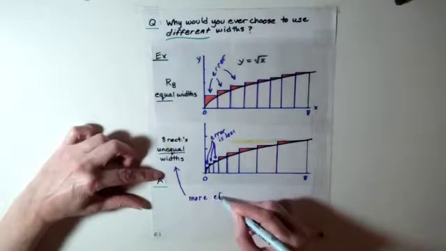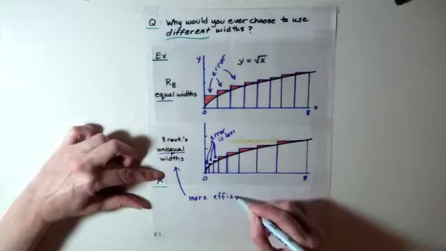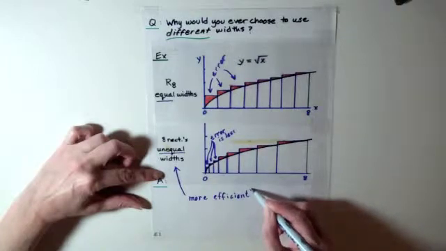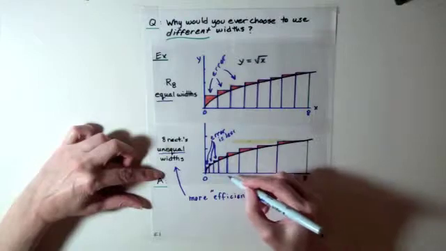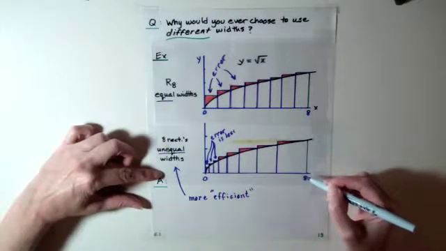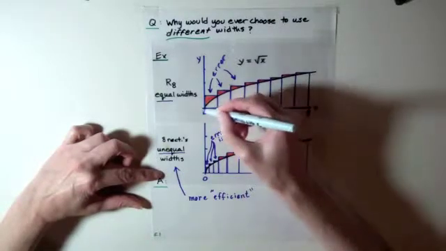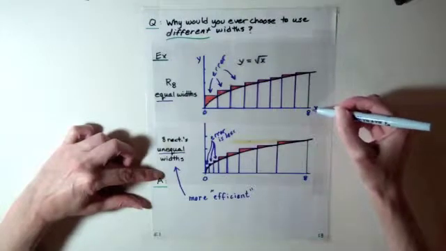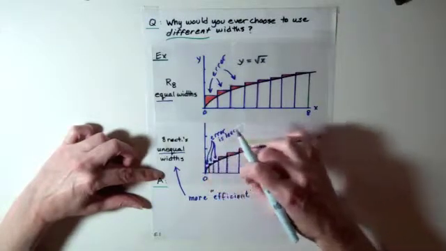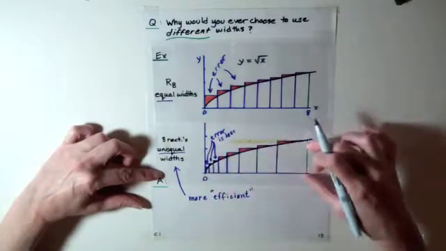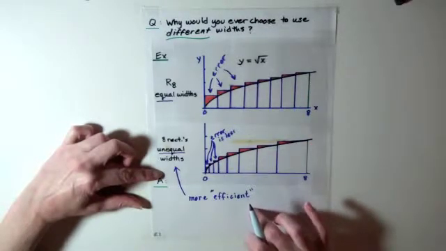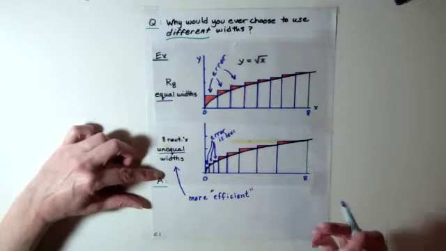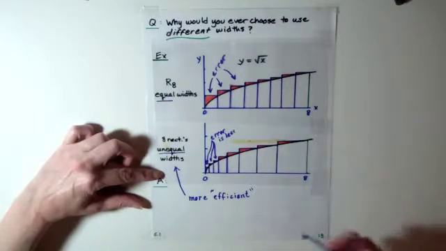And remember, we talked about the word efficient before. Efficient just means that you're doing the same number of calculations. This is still 8 rectangles, so we have to do exactly the same number of calculations that we did up here with our equal widths, but we get an estimate that's closer to the true area. We get a better result. So that's what we mean by more efficient. Same number of calculations, but a closer estimate to the true area under the curve.